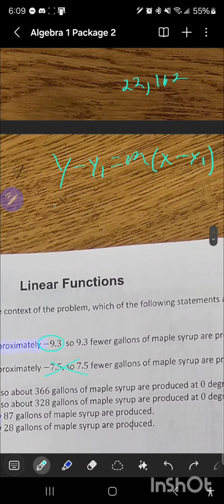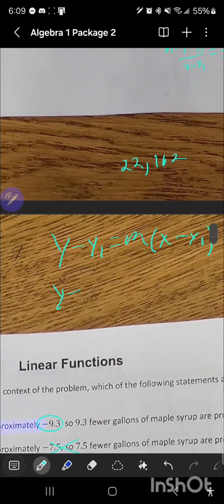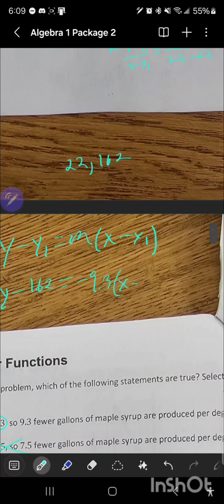So I will say y minus y value, 162, equals negative 9.3 times x minus x value, which is 22. Now y minus 162 equals negative 9.3 times x, which is just negative 9.3x.